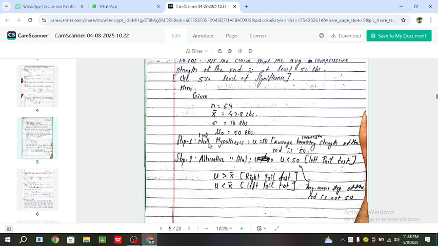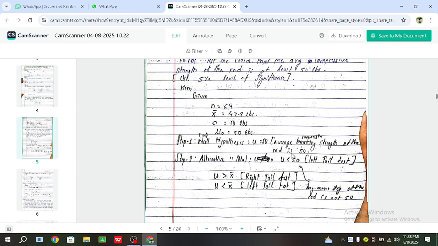Now step 1, the null hypothesis, denoted by H0, that is mu is equal to 50. As I already told you, the null hypothesis gives the positive vibe, and the alternative gives the negative vibe. In short, the average compressive strength of the rod is 50.